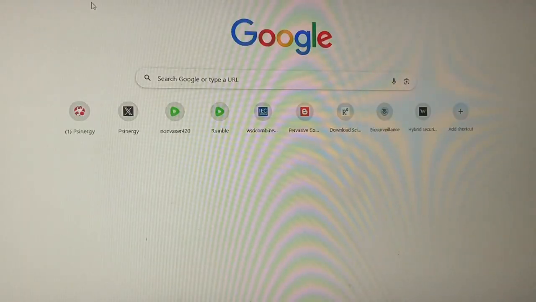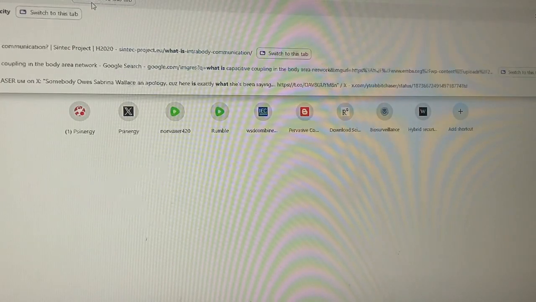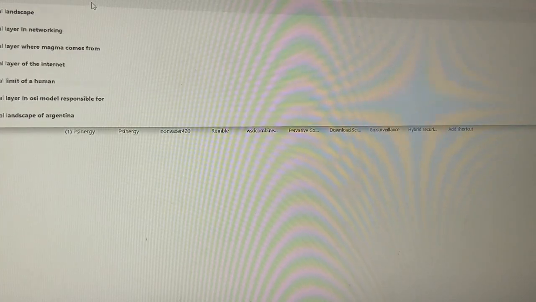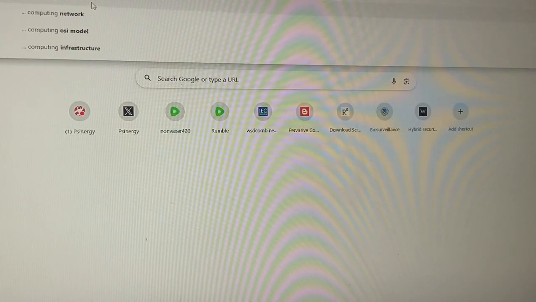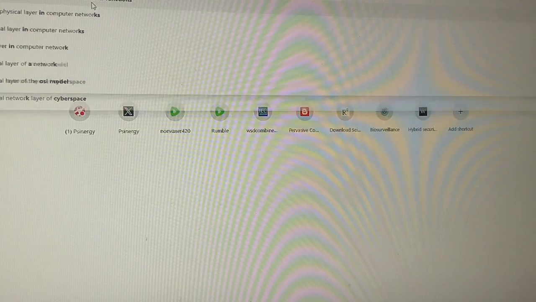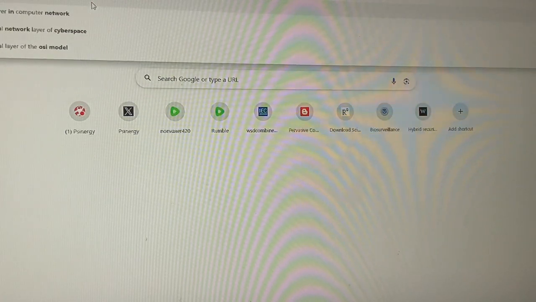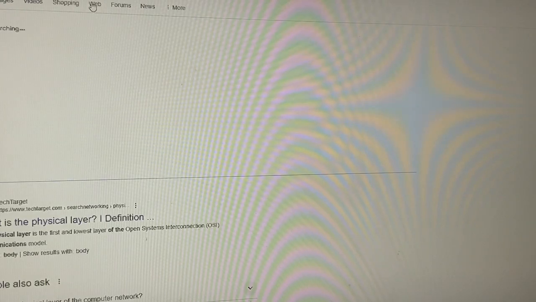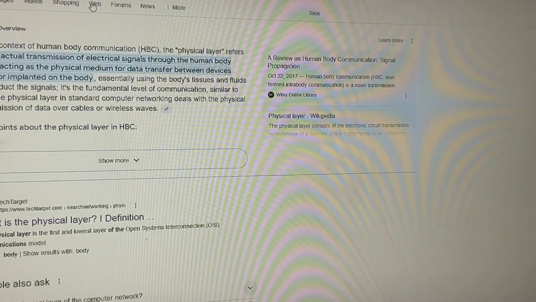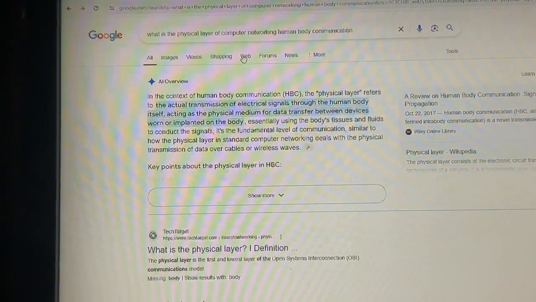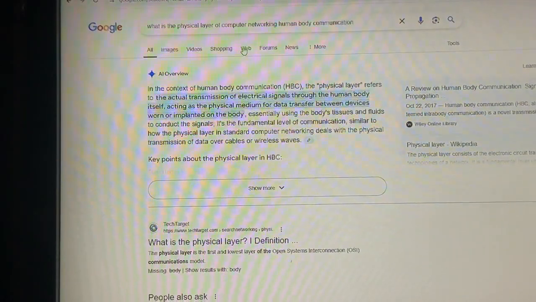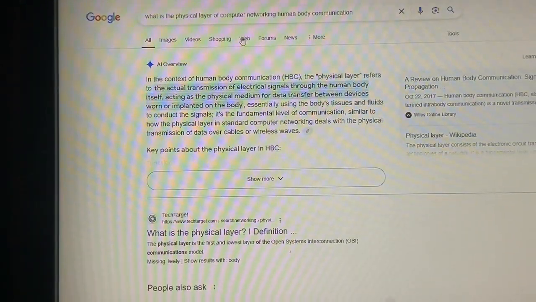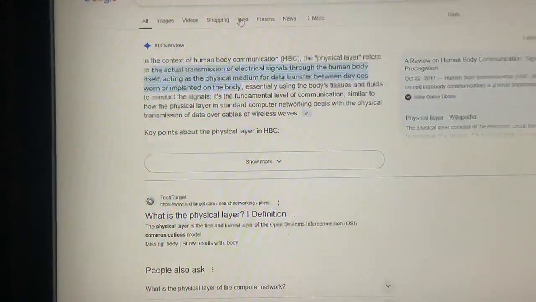So, another question. What is the physical layer of computer networking in human body communication? What is the physical layer of computer networking human body communication?